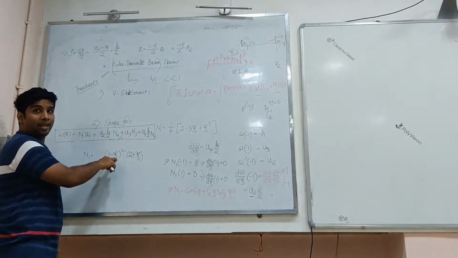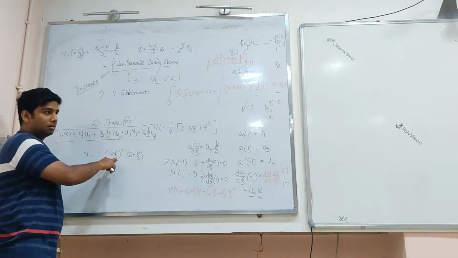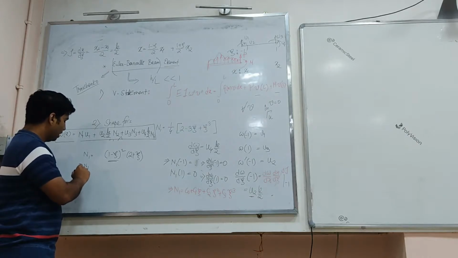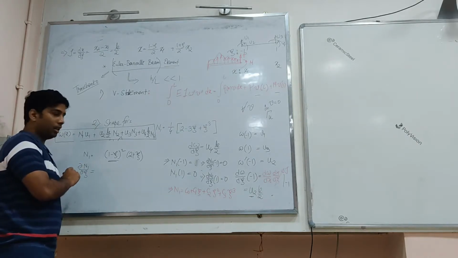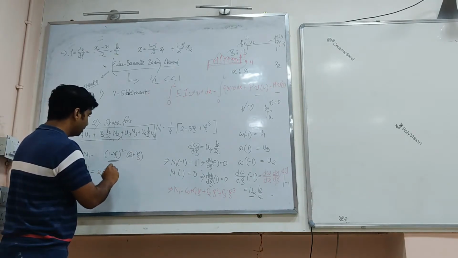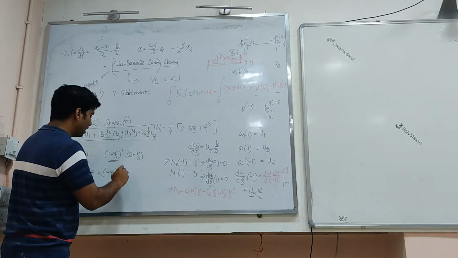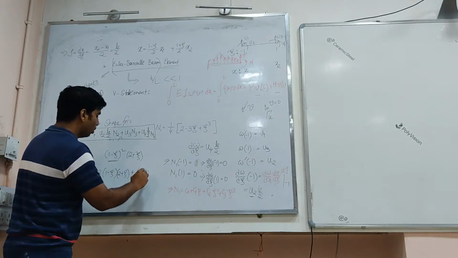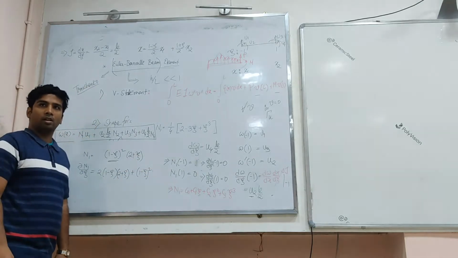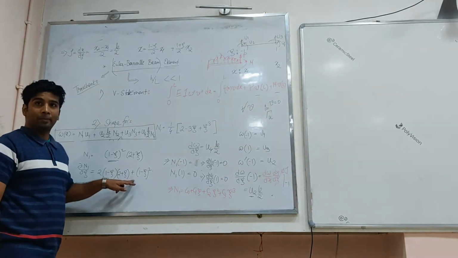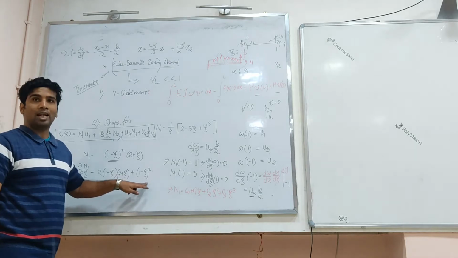If you substitute Xi equals 1, this goes to 0. And if you take the derivative with respect to Xi, that would be twice 1 minus Xi times 2 plus Xi, plus 1 minus Xi whole squared.